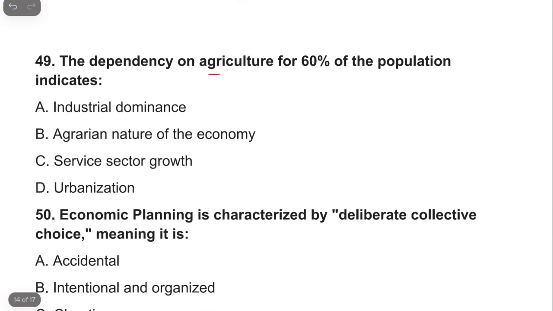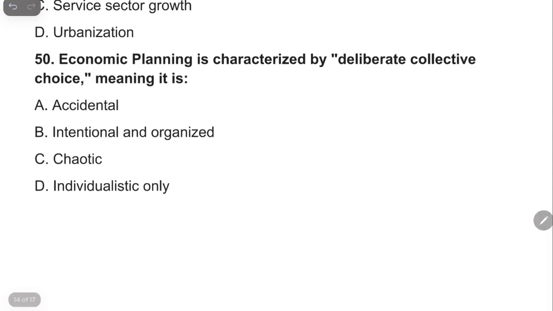The dependency on agriculture for 60% of our population indicates the agrarian nature of our economy. Economic planning is characterized by deliberate collective choices, meaning it is intentional and organized.